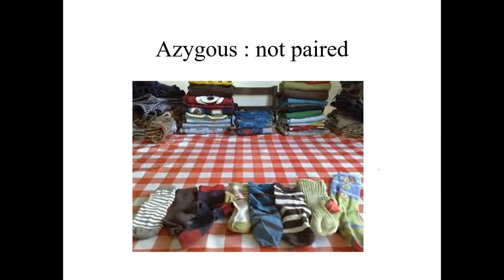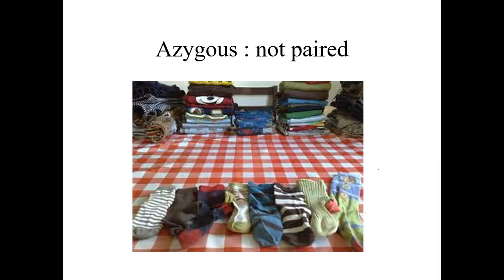The first adjective, if you have a muscle that is called, how we say this is azygos. Azygos, and it means not paired. And I happen to have socks because, as you probably all know, I do not usually wear matching socks.